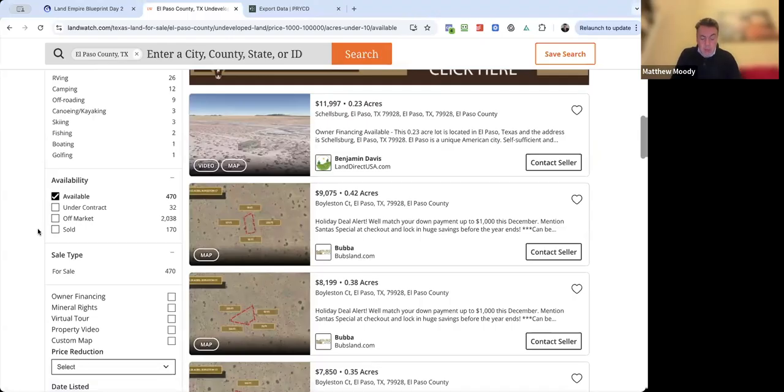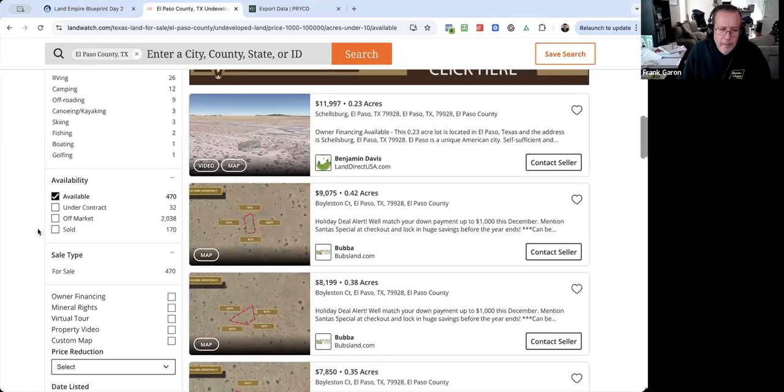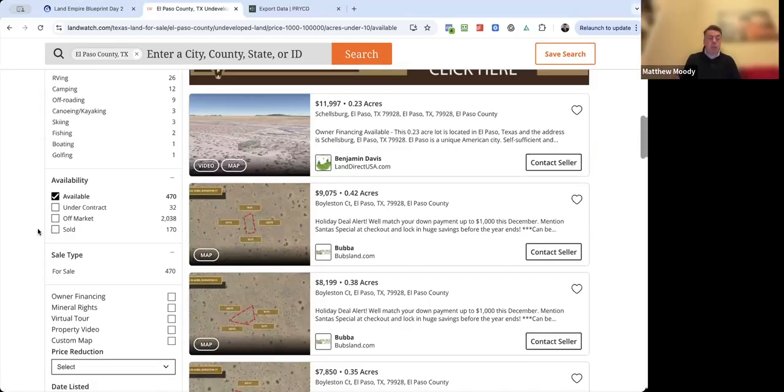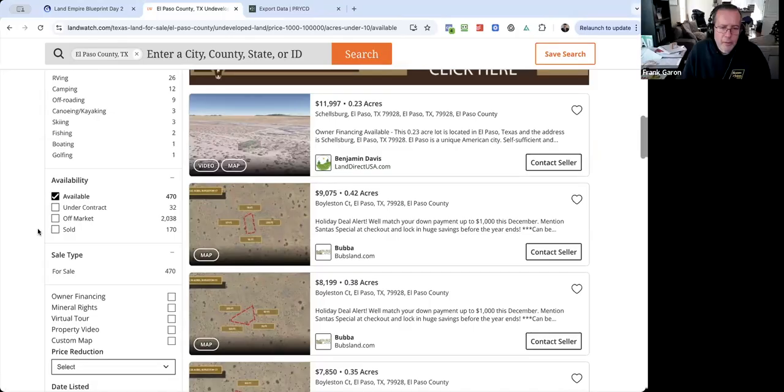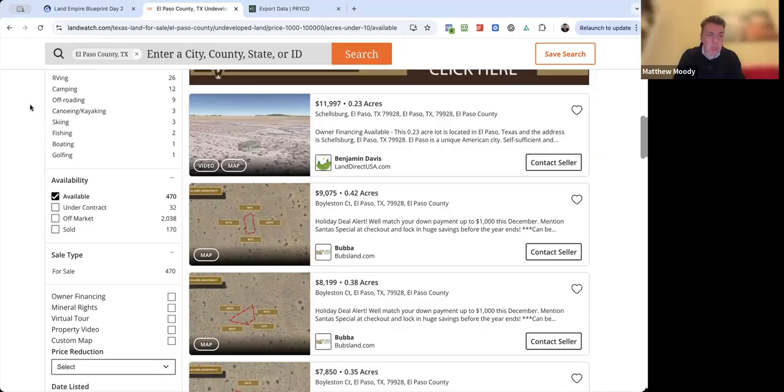So if you look at that and say, well, okay, we've got 170 plus 32 sold, that's 202, divided by 470, that's a 42.97% sell-through rate. So a bit low, but potentially manageable, depending on some other circumstances.